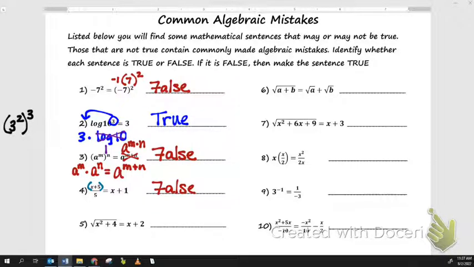So order of operations, since I can't simplify inside the parentheses, then I would divide everything in my numerator by that denominator. So the x gets divided by the 5, as well as the 5 getting divided by the 5. So the plus 1 is fine, but this first piece should either be x divided by 5 or 1/5 x. That would make it a true statement.